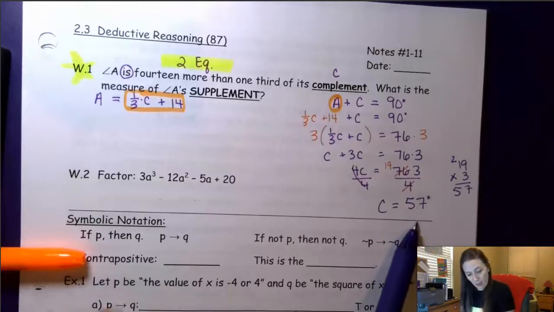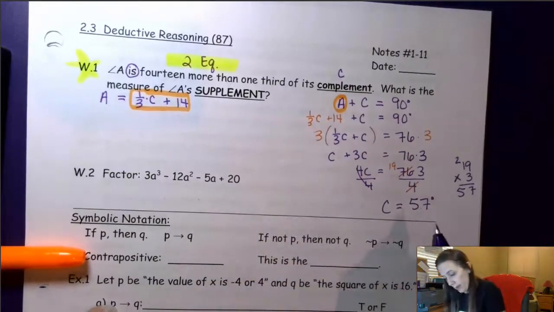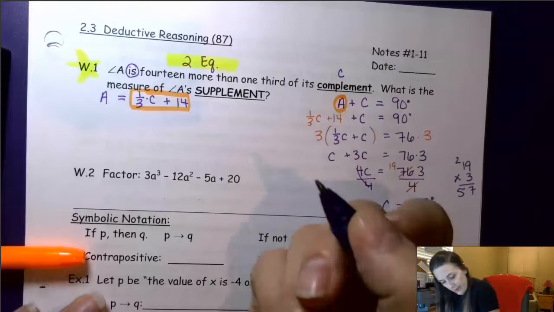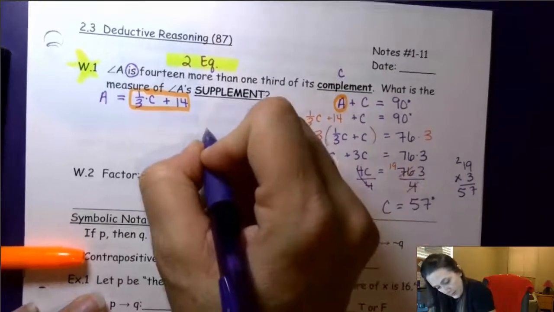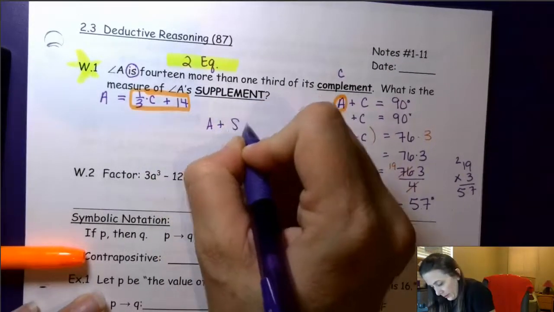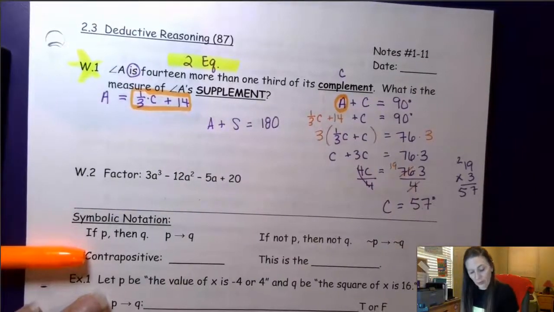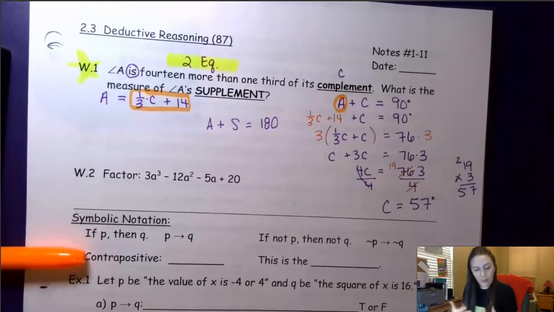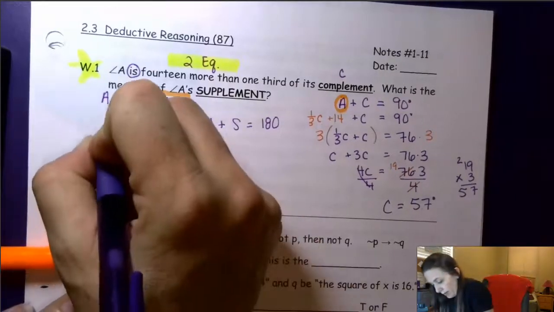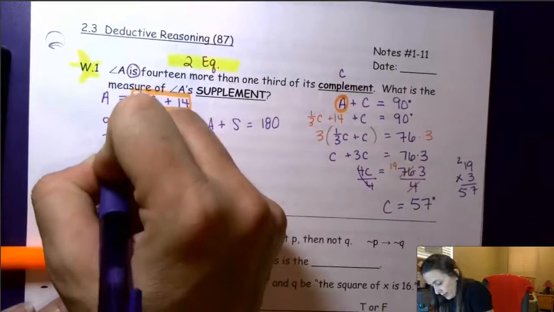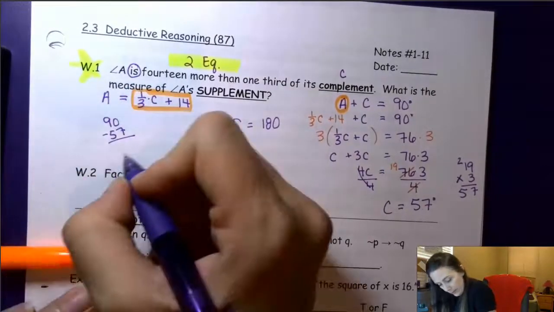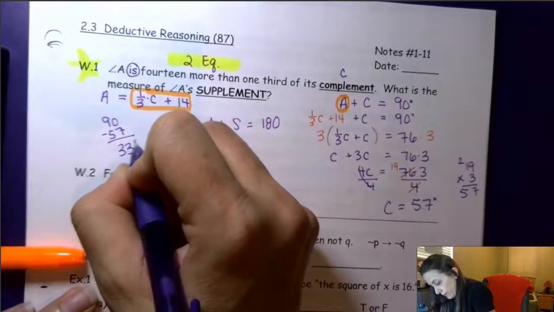Well, if this is the complement, I'm going to have to figure out what A is, and then say that A plus the supplement is going to equal 180. So I've got to either subtract 57 from 90, or I can plug it in. I'm going to subtract from 90. I'm going to say 90 minus 57. I end up with 33 degrees.